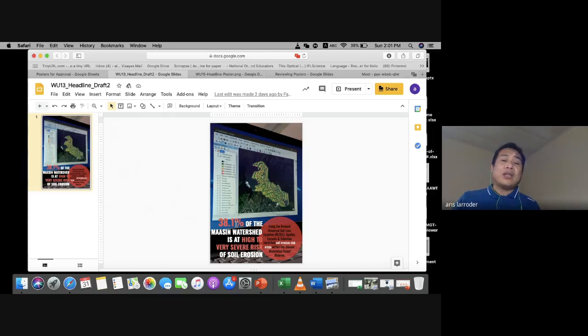Although I understand that this is in terms of the totality, since the value is in percentage, this has the headline material, high to very severe risk of soil erosion.